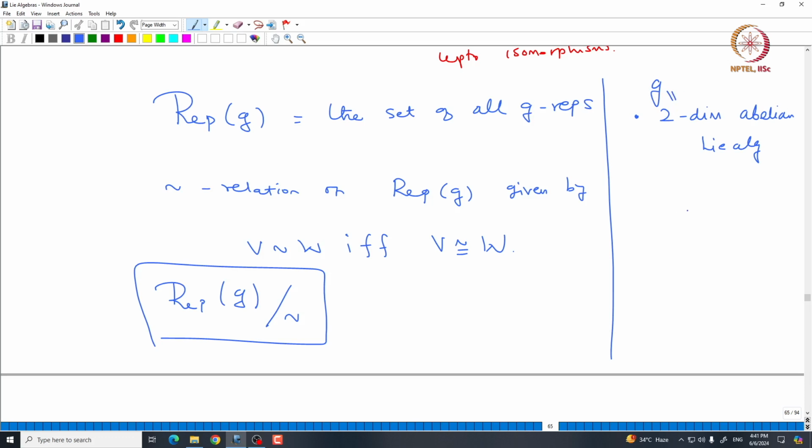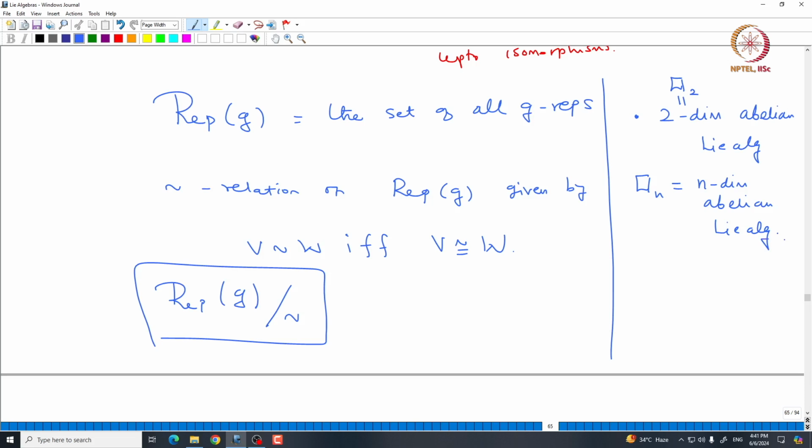Maybe let us use a better notation. Let me call it A2. What I mean by A2 is the two dimensional abelian Lie algebra. More generally, let us use An for the n dimensional abelian Lie algebra.